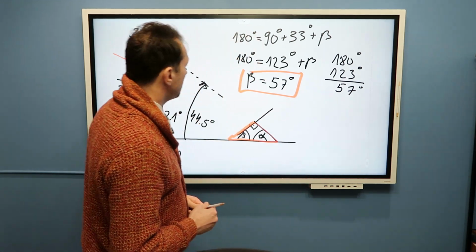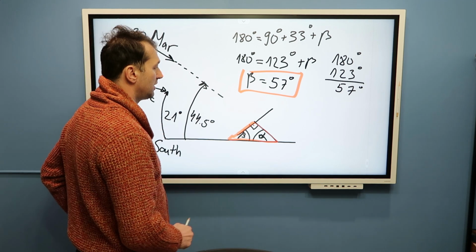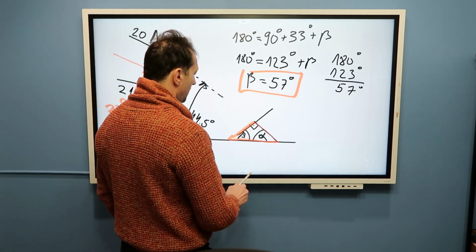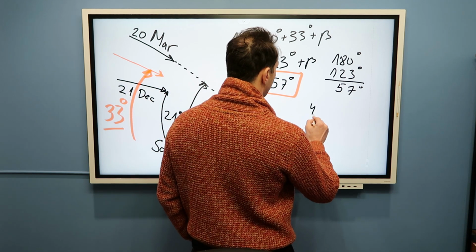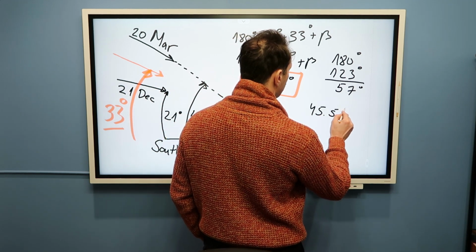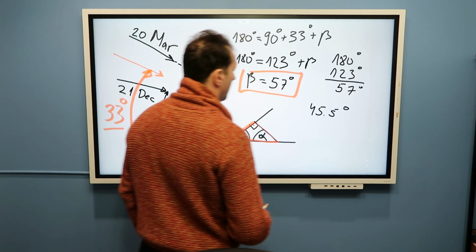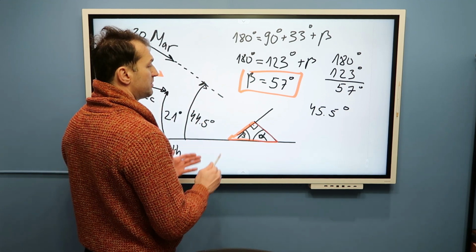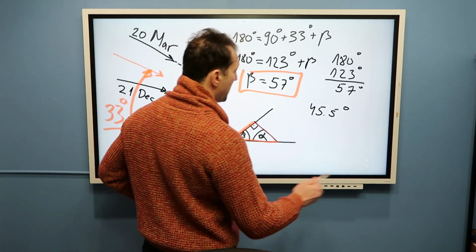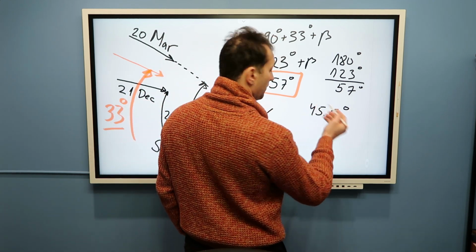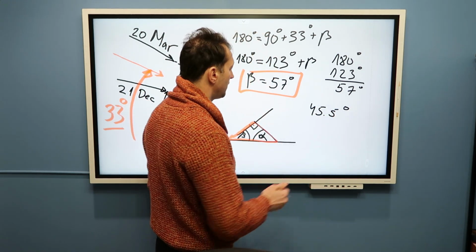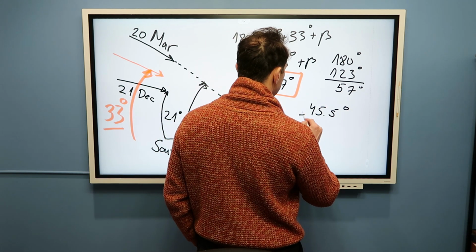So let's see how that would match our more advanced calculation, where I said that this latitude where we want to install a solar panel is 45.5 degrees. And the rule of thumb says, well, take that latitude and add 10 to 15 degrees. So let's add 10, it's easier.